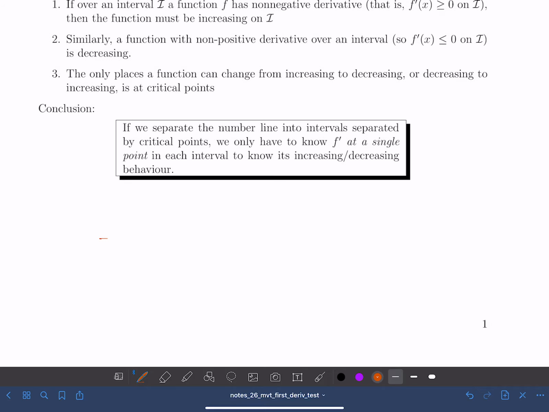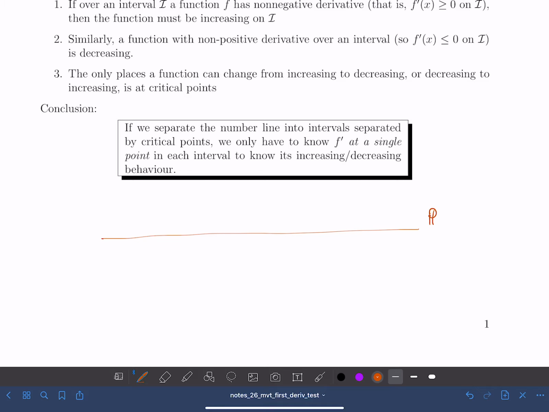That is to say, if I draw a number line and I call that R, that's the real numbers, I know that here are, say, the critical points. Let's call them C1, C2, C3. Say that these are the only critical points for f.